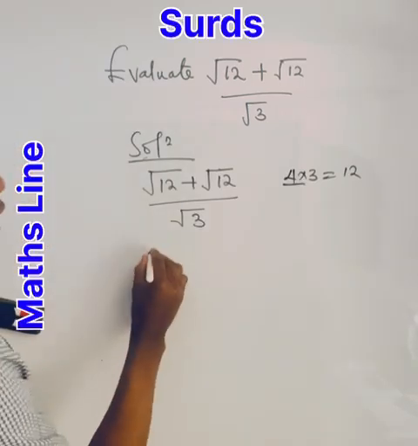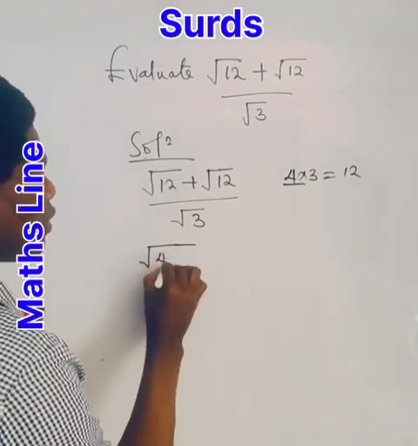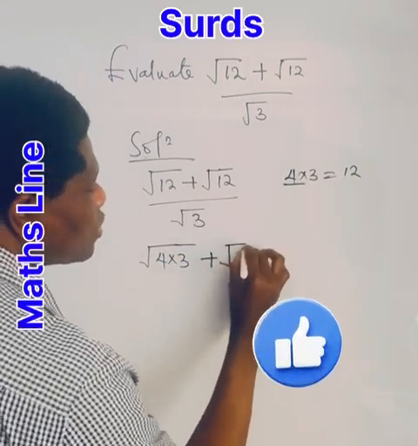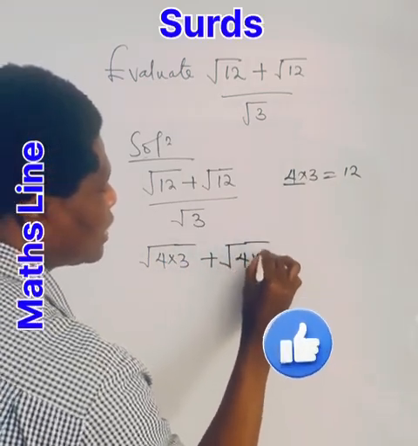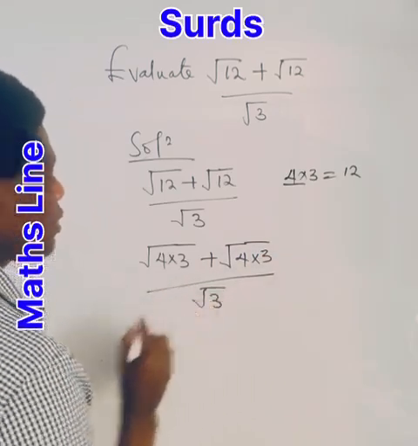So in doing that, we can say this is root of 4 times 3 plus root of 4 times 3 over root 3.